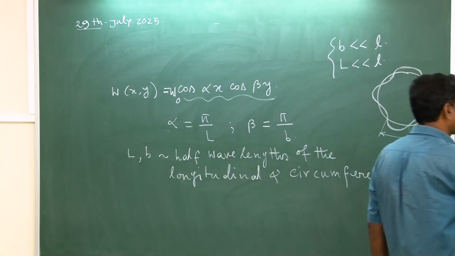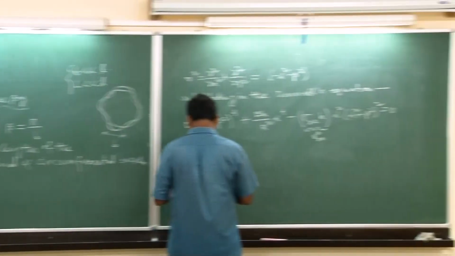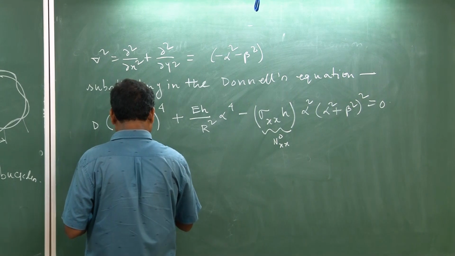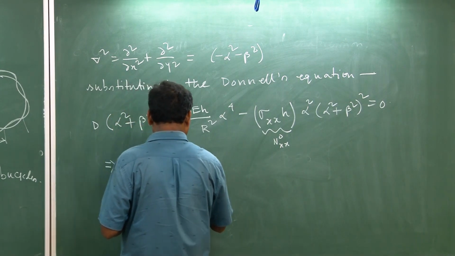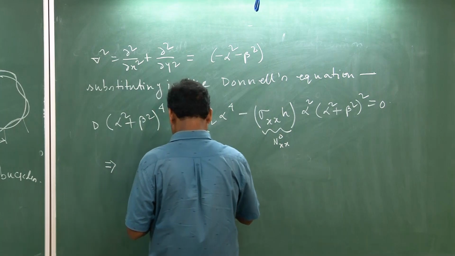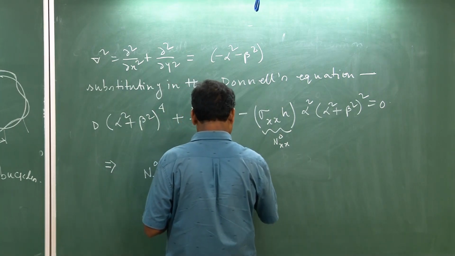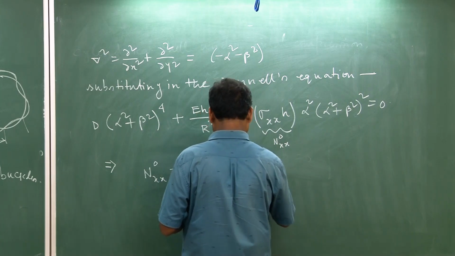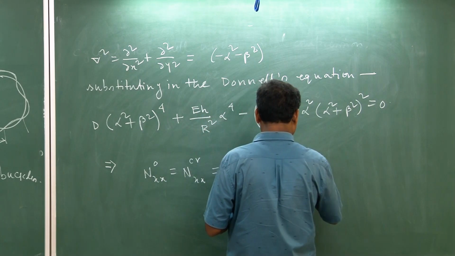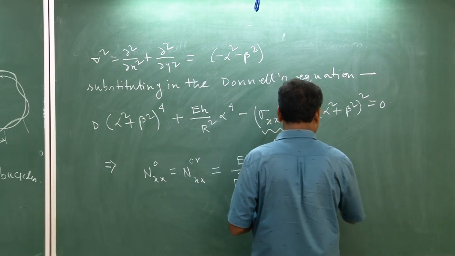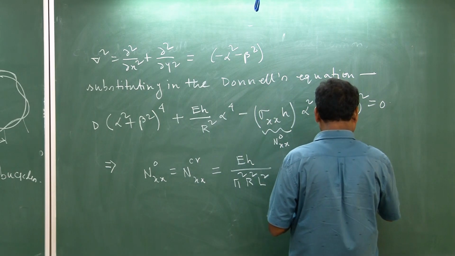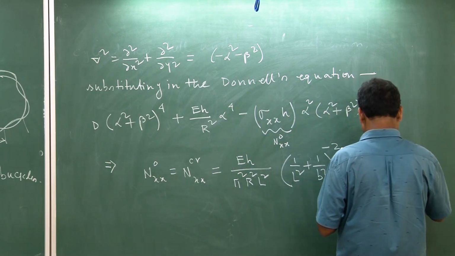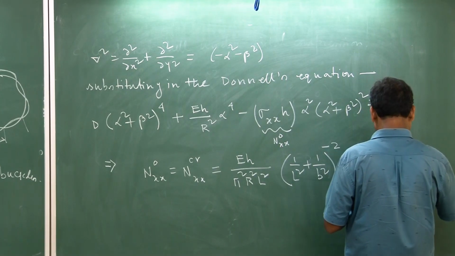From here, if you simplify, you will get nxx0, which is equal to the critical load nxx critical, is basically Eh divided by pi squared r squared L squared, 1 by L squared plus 1 by B squared to the power minus 2, plus pi squared D by L squared, 1 by L squared plus 1 by B squared.